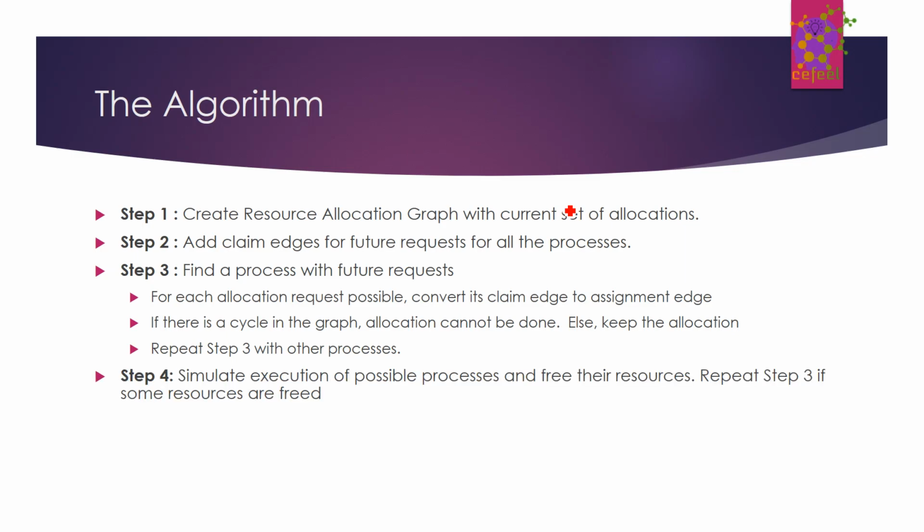Once we are done adding the assignment edges, now we will go through the graph and see if we can simulate a process to its completion, which means we can let some process execute and then basically we have to see if the need of the process is complete, and then we will let the process execute, and then we will remove that process from the graph and we will free its resources.